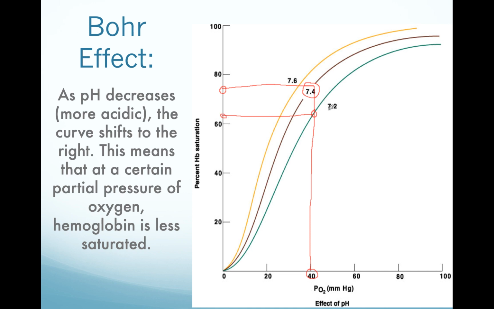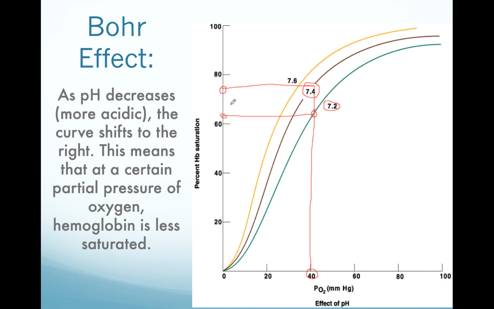Remember that we kind of started learning about how CO2 and pH are related. When you become more acidic, that usually means your concentration of carbon dioxide increased. If you have more carbon dioxide in your blood, hemoglobin is going to say, okay, I think it's time for me to release more of my oxygen.